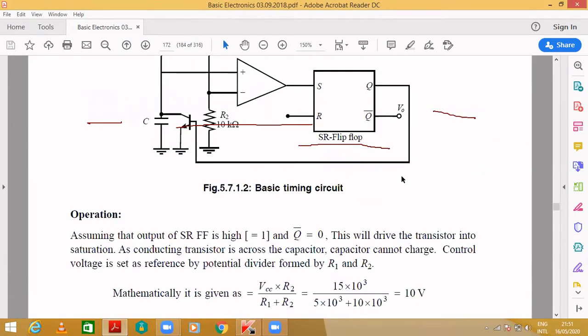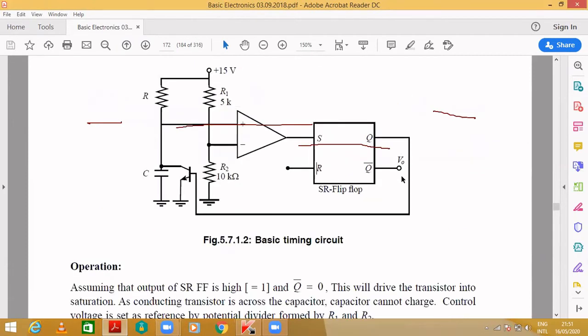If you are perfect with the previous circuit, this astable multivibrator is just an extension of the basic timing circuit. In the basic timing circuit we operate R manually by giving 1 or 0, but in the astable multivibrator, instead of operating manually, we will be connecting one more comparator.